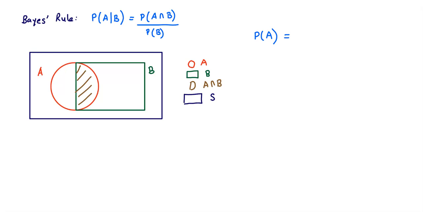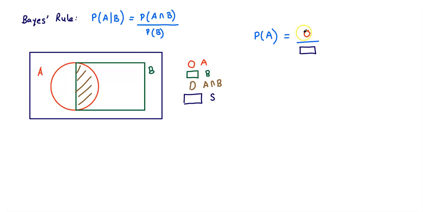So if the probability per unit area is constant, which I'm assuming it is, then if I throw a dart on this dartboard, the probability that it lands in the circle A is nothing but the area of the circle A divided by the area of the sample space, right?